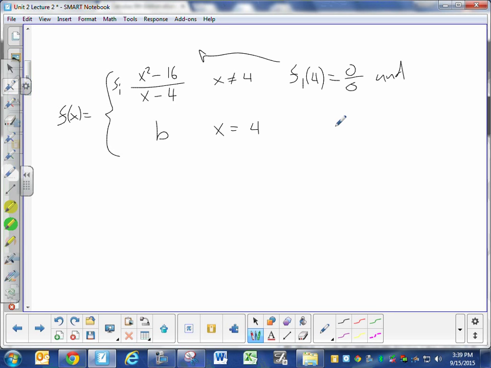So what I need to do is find the limit as x approaches 4 of this function, and then make sure that's equal to f of 4, which is b. What I'm going to do is simplify this, x squared minus 16 over x minus 4, so that I can have a simpler function to help me find the limit. Once I find the limit, I'll then set it equal to b.